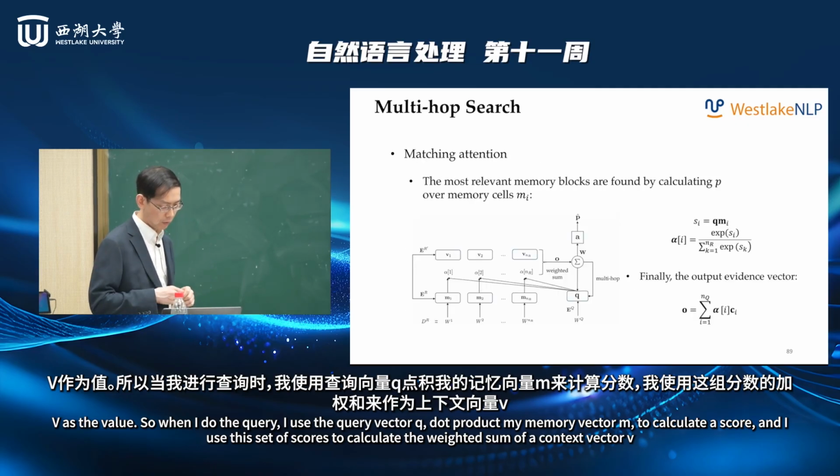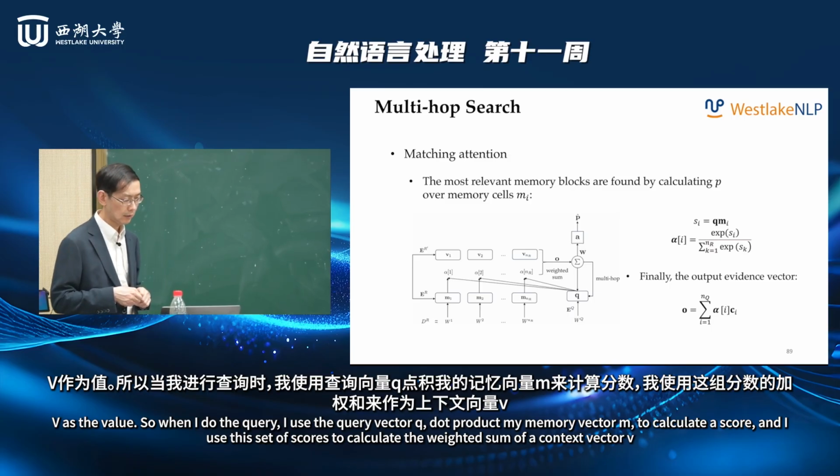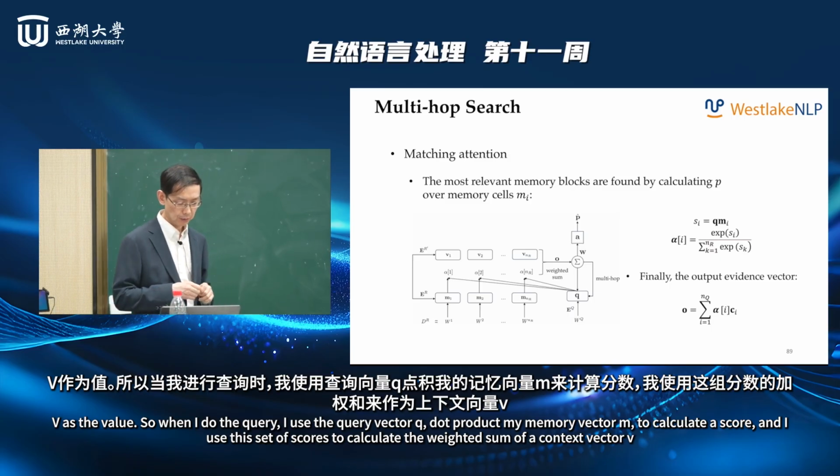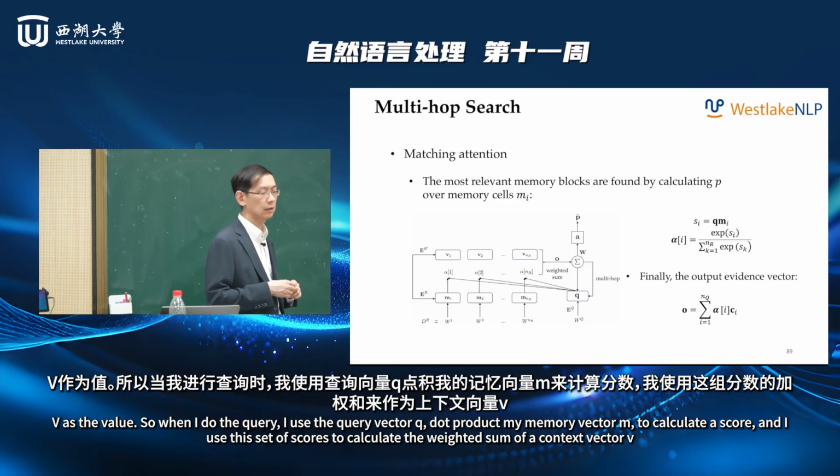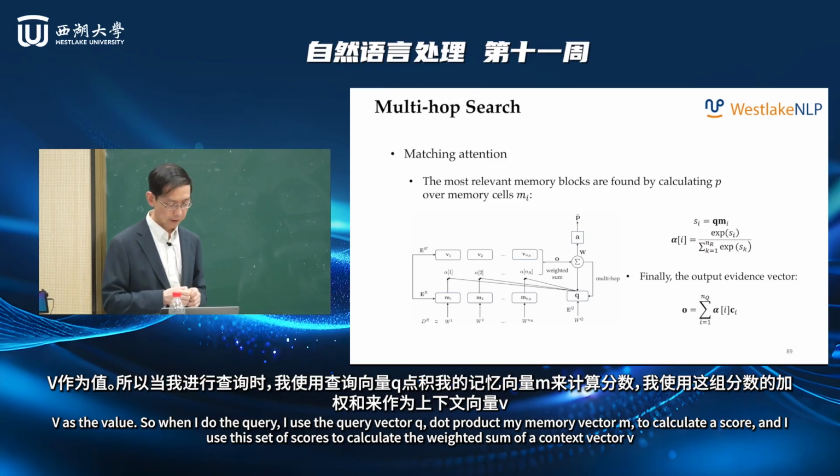So when I do the query, I use the query vector Q, dot product my memory vector M, to calculate a score.